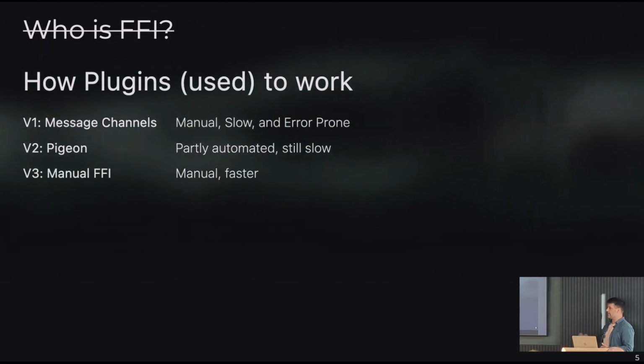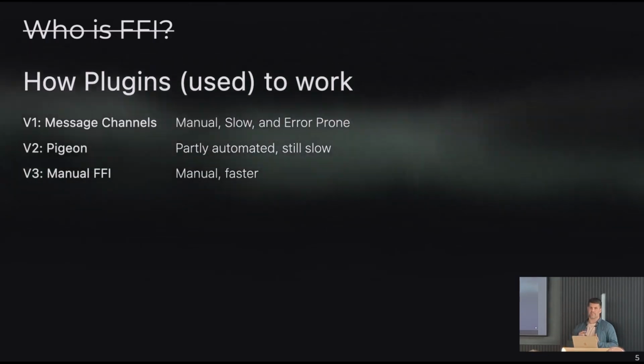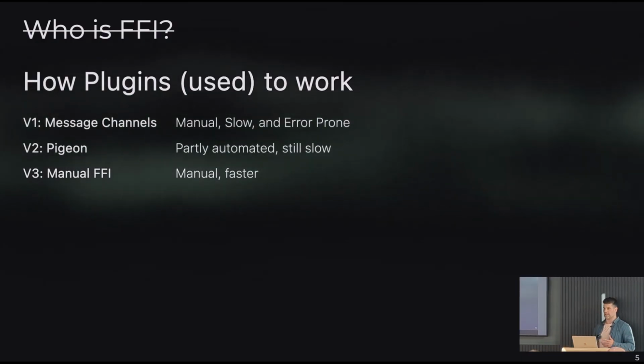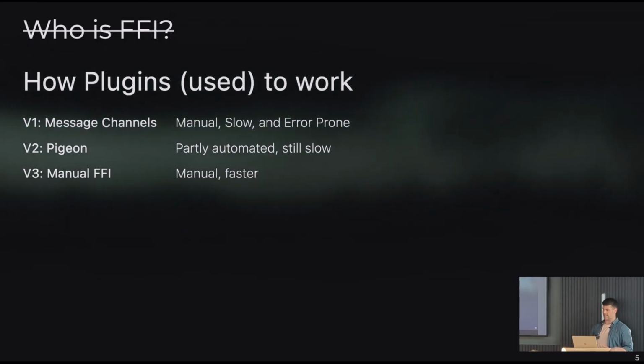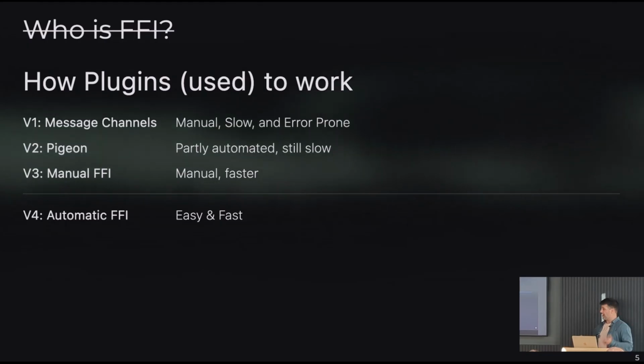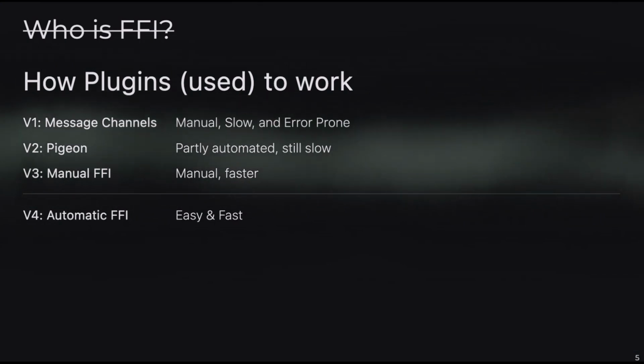And then finally, they did eventually have an FFI package, which was really good, but it was still manual doing all the coding. You'd have to check all your types manually, and if you messed up, then the whole thing would crash a lot of the time, rather than just having an error, because you're touching the native system. So now we have automatic FFI using FFIgen, which is most of what we'll be talking about today.